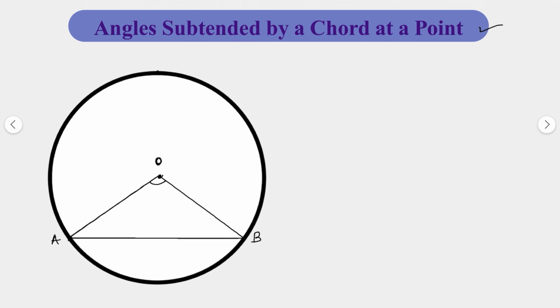We can have another angle. Suppose we take a point C on the major arc of the circle. As you know, this bigger part of the circle is called the major arc.